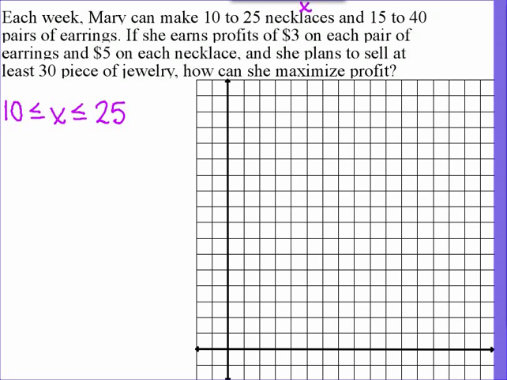Let's see, 1, 2, 3. Yeah, let's let each one be about 3. So 10 is going to be about 3 and 1/3 of the way. Okay, so we'll draw a line in. And then 25 is going to be about 8 1/3 of the way.